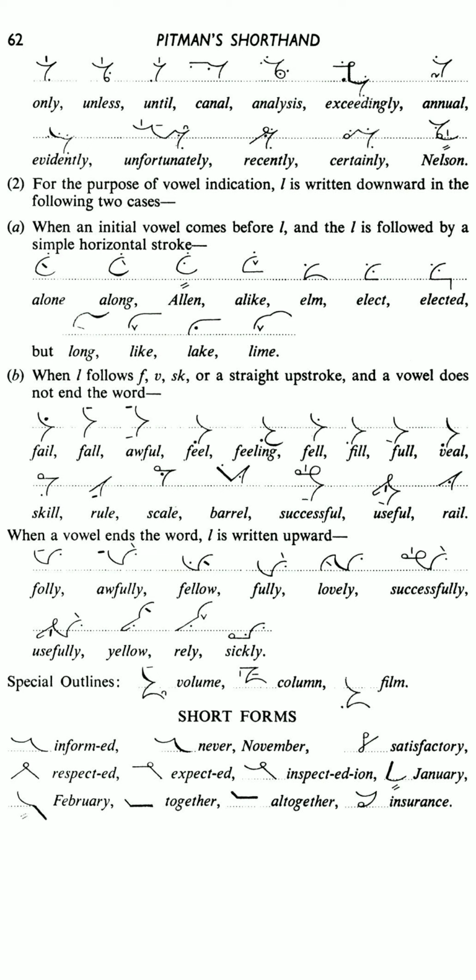Camel, K above the line, N above the line, downward L finishes above the line, whole outline finishes above the line. Light dot on the first place of K after it, light dot on the first place of N after it. Analysis.